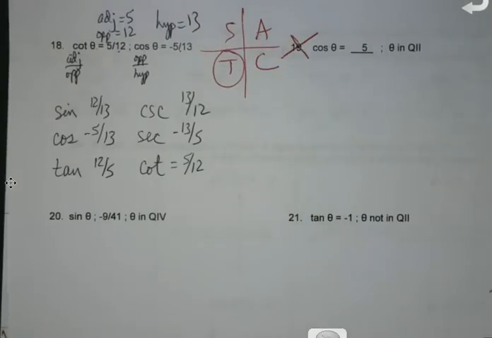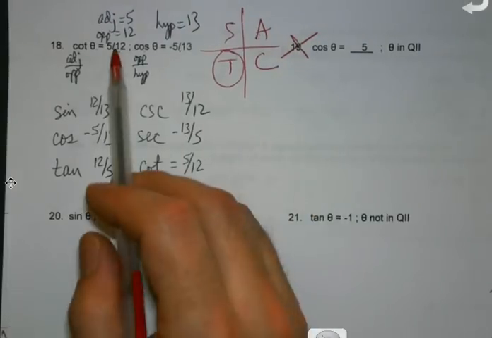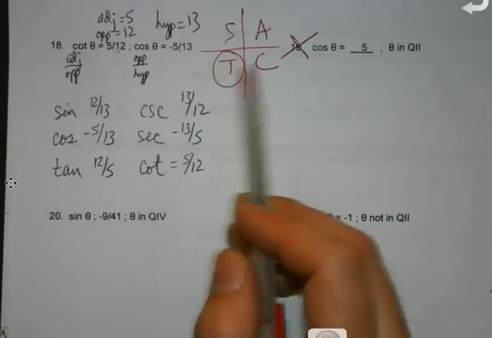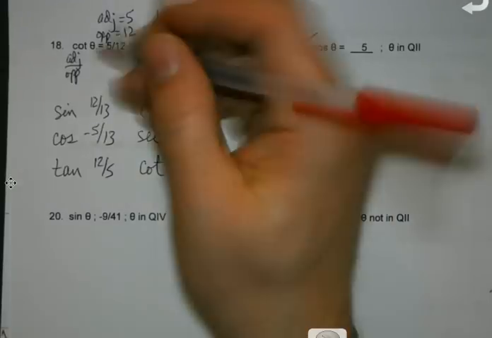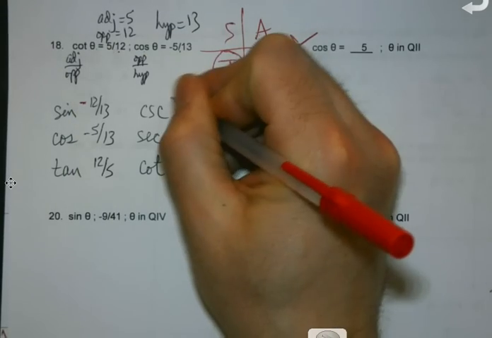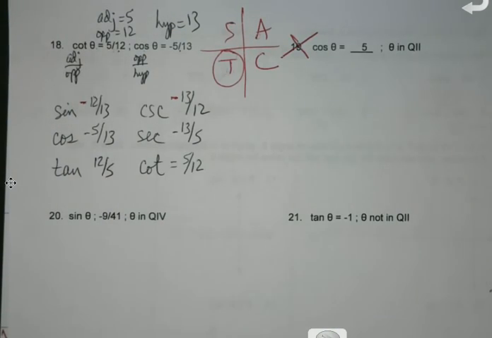But if I see one positive and one negative, find that one that's positive. That's the quadrant you're in. Again, if you're not tangent, you're negative. So you've got to use the info that you're given to figure out where this is coming from.